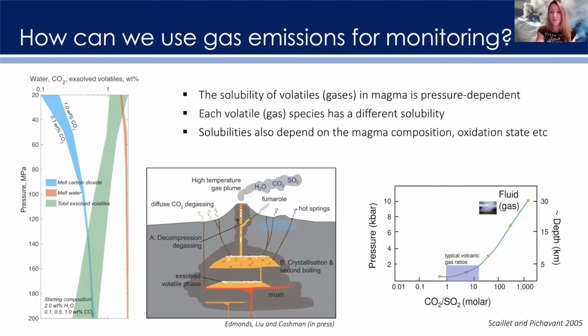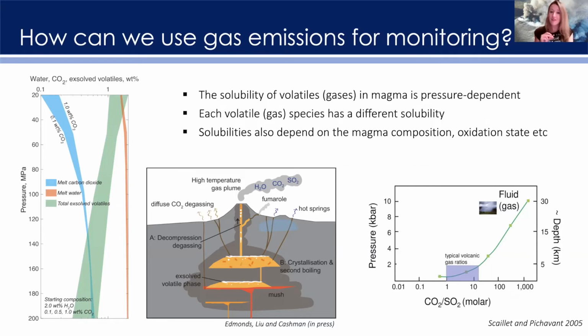From a practical perspective, when volcanologists like me go to a volcano and measure the gas that's coming out, we would be measuring ratios like this carbon to sulfur ratio. So we're now looking at the plot on the far right, where CO2 to SO2 is along the x-axis. And this is probably one of the best indicators for changes in activity, for new magma entering the system at the bottom and then starting to rise through the crust.